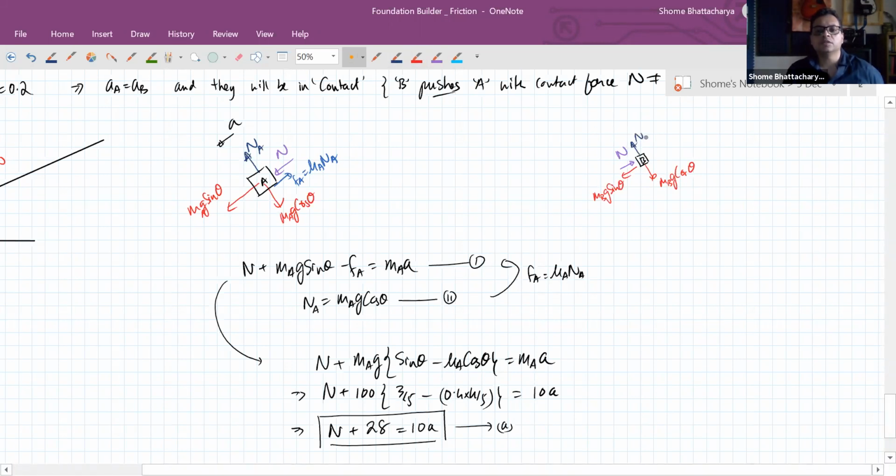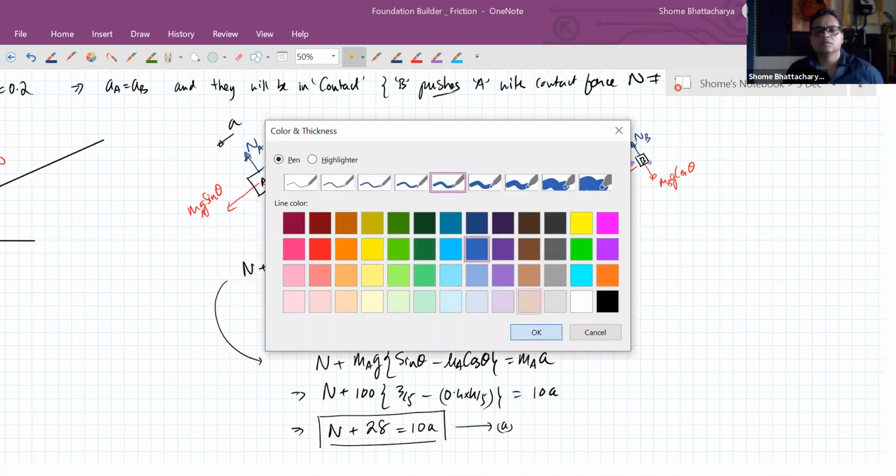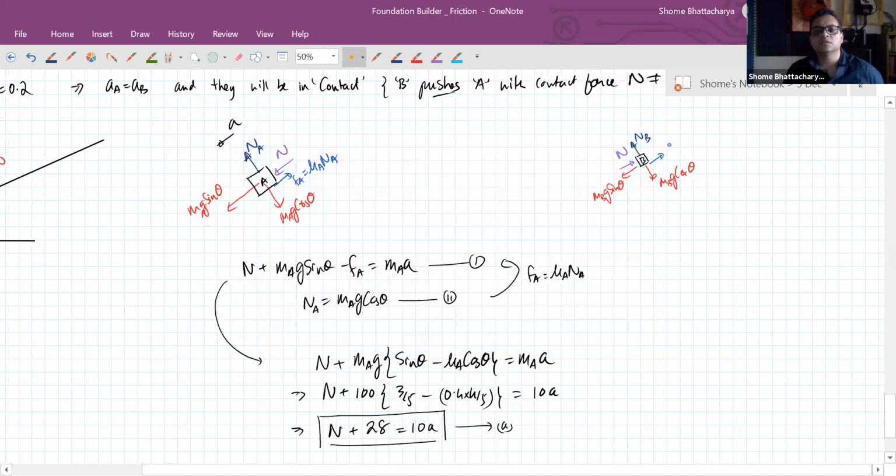Normal reaction from the ground is like this, let's say, and friction applied by the surface on B is mu B into NB. So we have NB is equal to this, and we have minus friction minus N is equal to mass into acceleration.